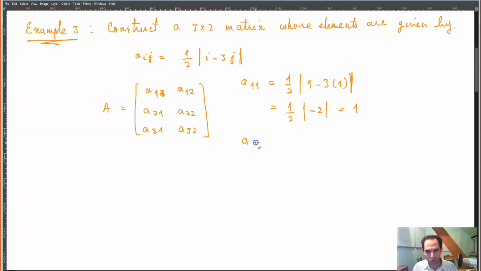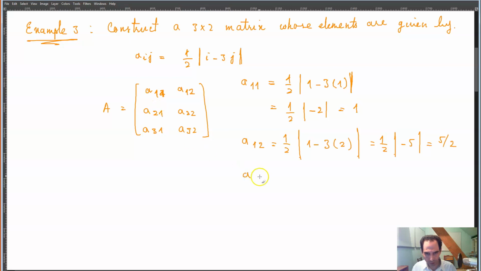Now A of 1 2 is equal to 1/2 times the absolute value of 1 minus 3 times 2, which gives me 1/2 times the absolute value of 1 minus 6, which is negative 5, which is equal to 5/2.